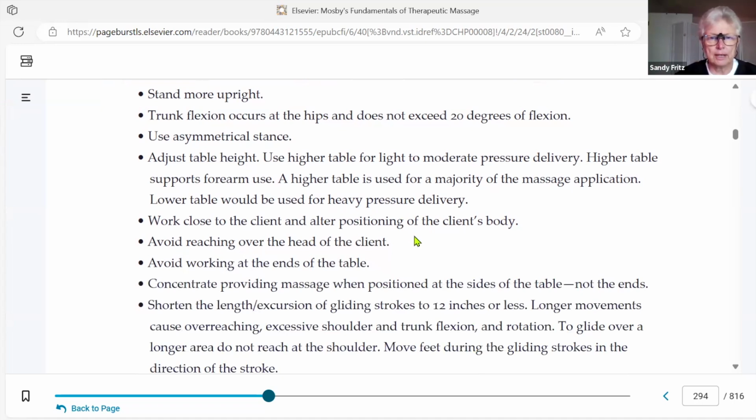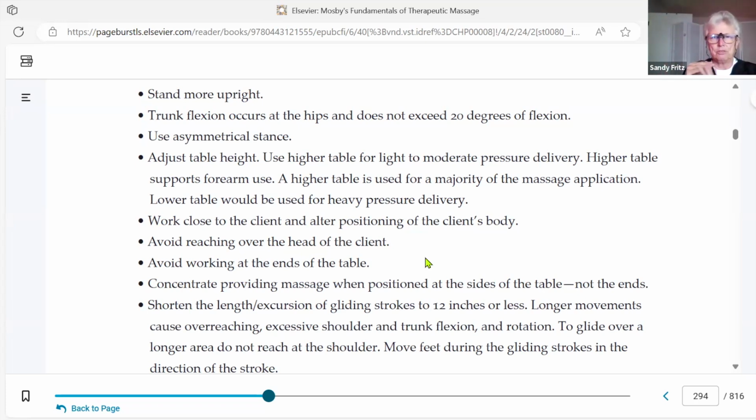Work close to the client, don't reach. Avoid working at the ends of the table. So where you stand at the end of the table and you see people do that long stroke all the way down the back and then back up, don't do that. Your stroke excursion, how long you glide, is not very far.